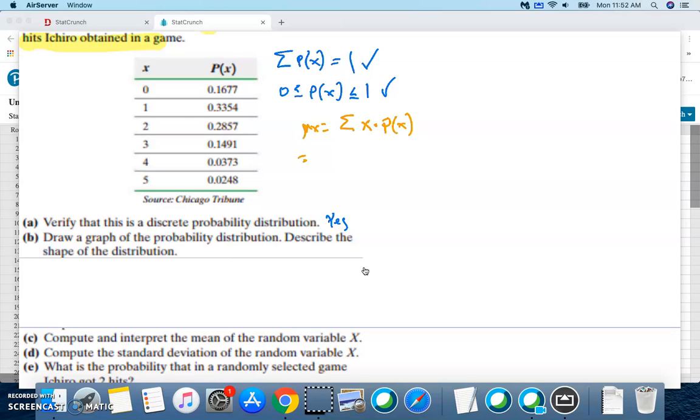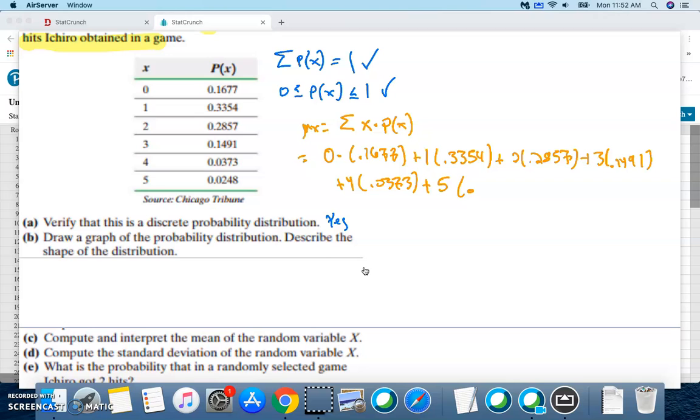So in our case, it's going to be 0 times 0.1677 plus 1 times its probability, 0.3354, plus 2 times its probability, plus 3 times its probability, plus 4 times its probability, and finally plus 5 times its probability.